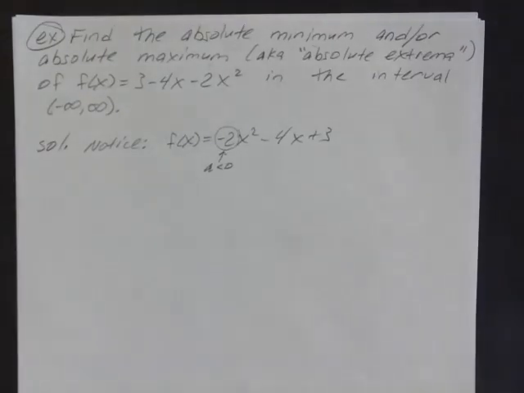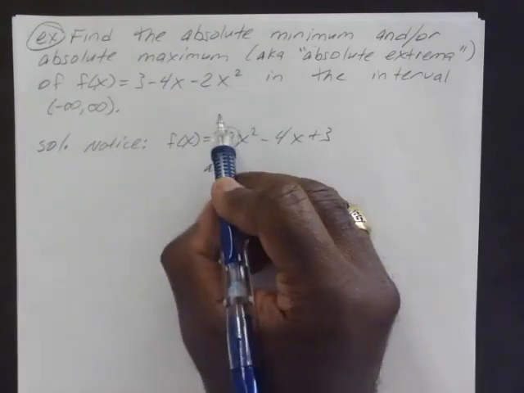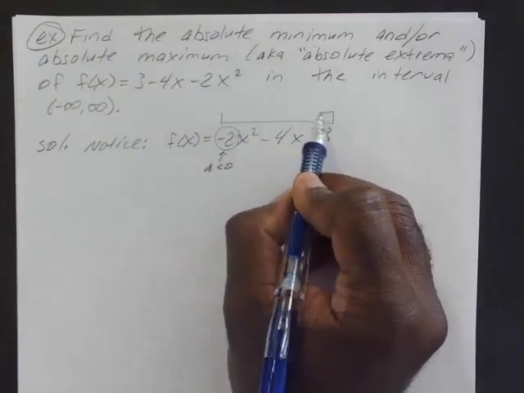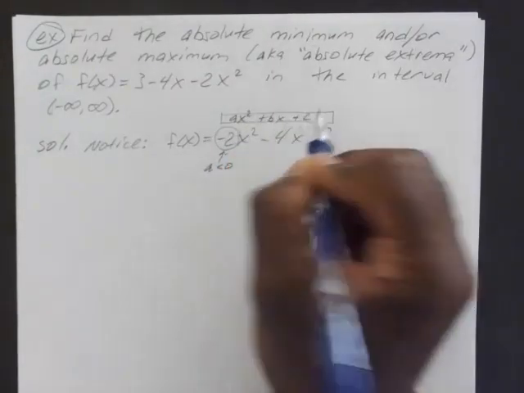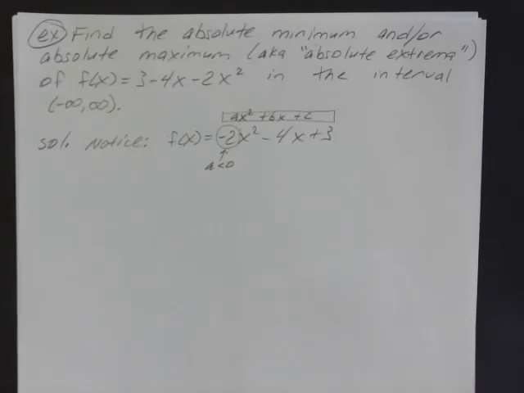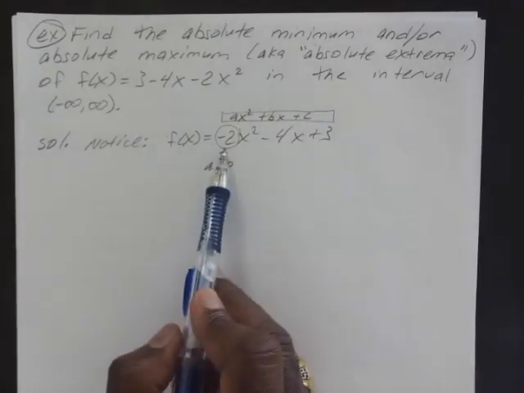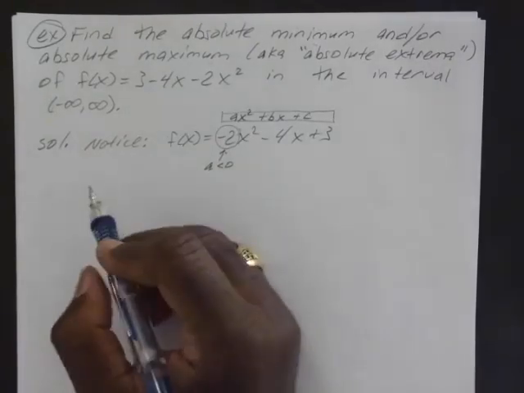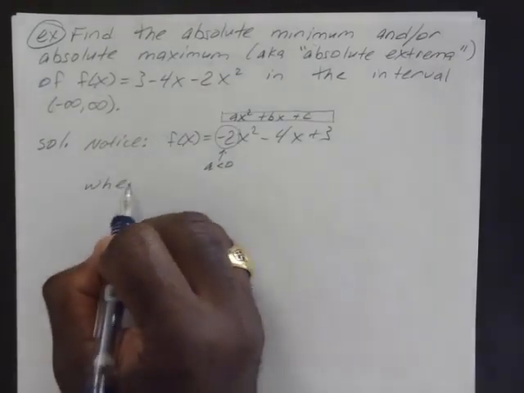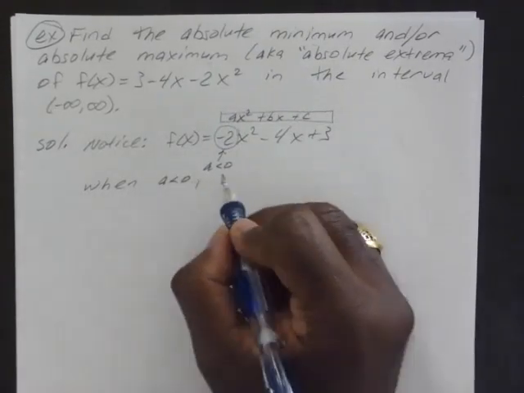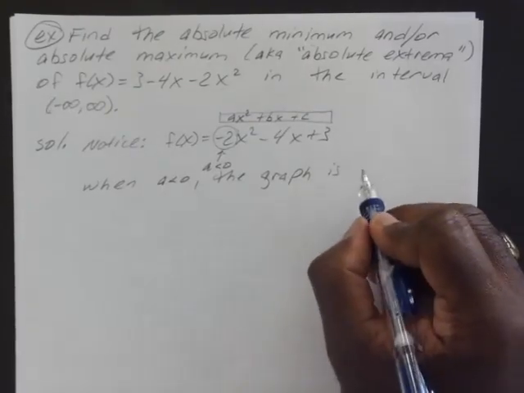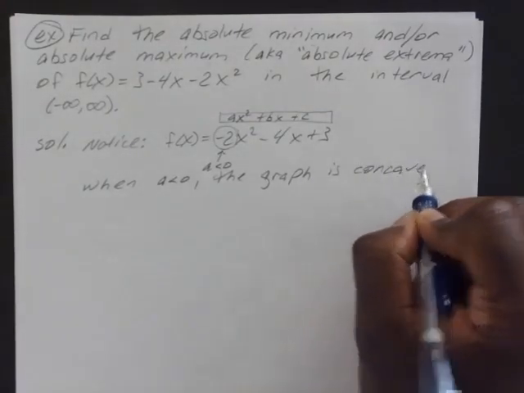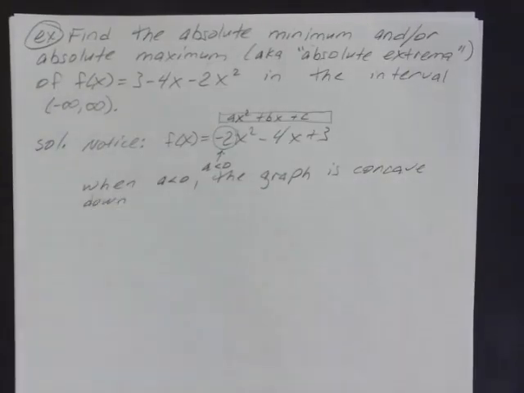Okay. And just a real reminder that it's in the form ax squared plus bx plus c. So we know when that a is less than 0, then it's concave down. So when a is less than 0, the graph is concave down. Okay.